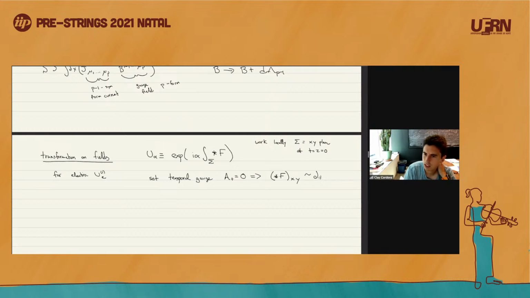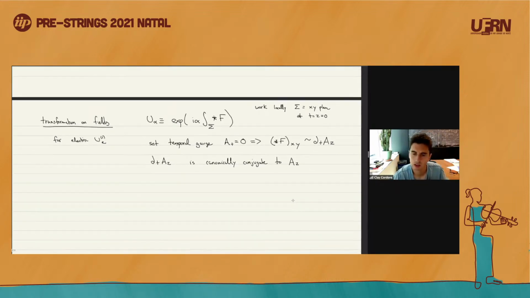And this is like d_t A_z. There would be a corresponding term d_z A_t, but I set it to 0 because of temporal gauge. Now, d_t A_z is canonically conjugate to A_z, right? This is the time derivative of A_z, so it's canonically conjugate to A_z.